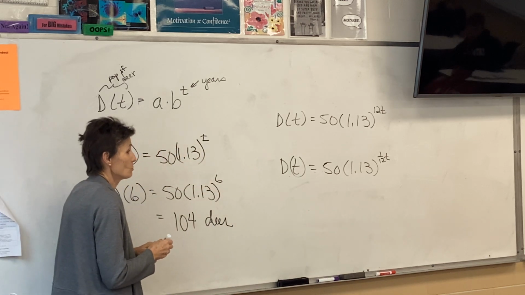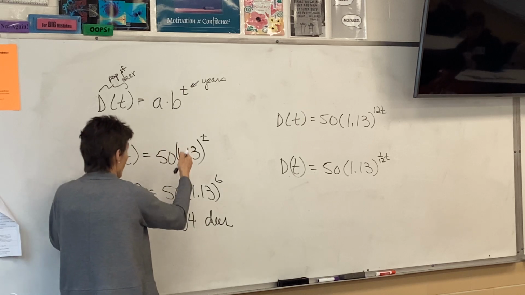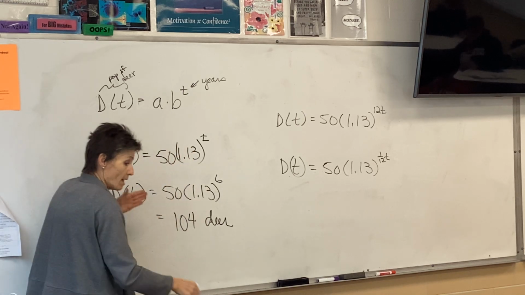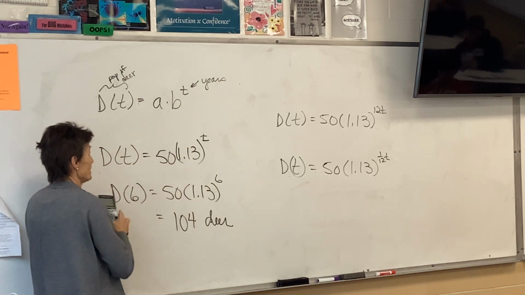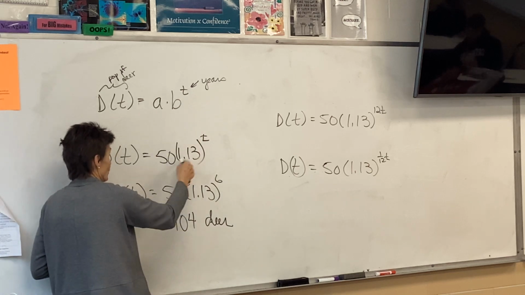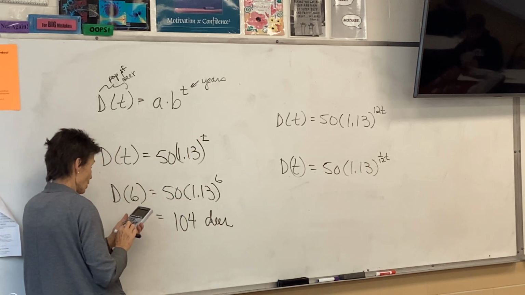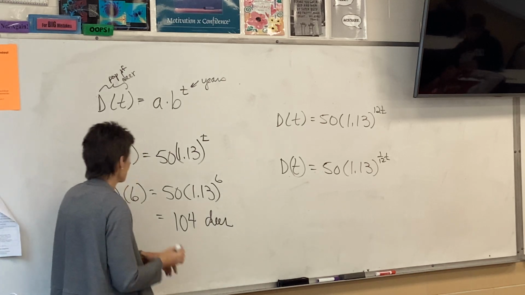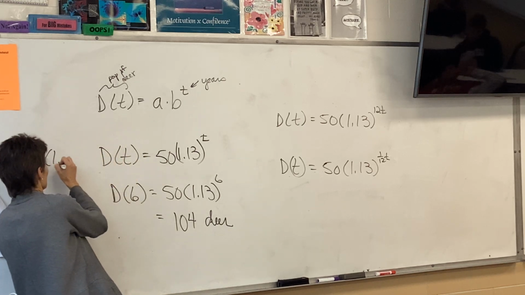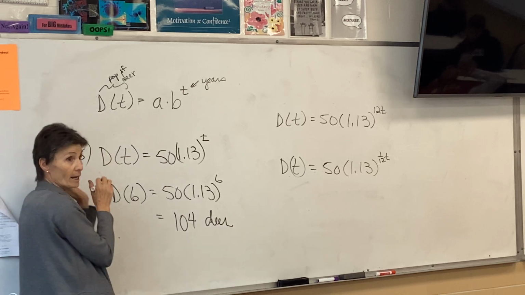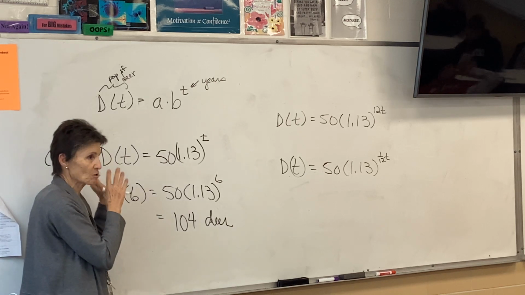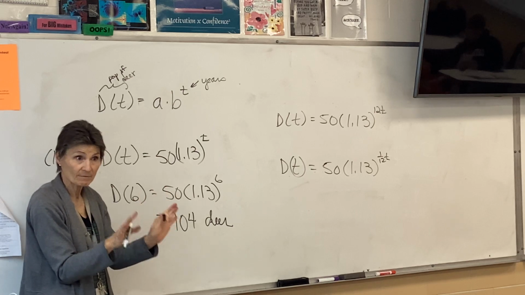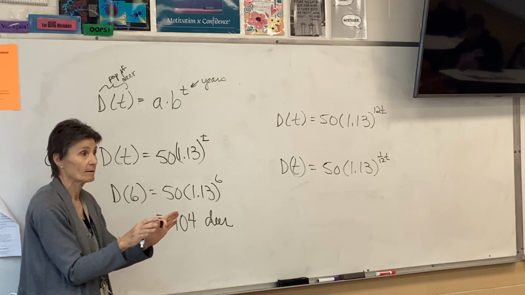We know from our original equation that after 1 year in the original formula, we should have about 56 and a half deer. I know the half doesn't make sense, but we're in agreement. That's what's happening in this population.